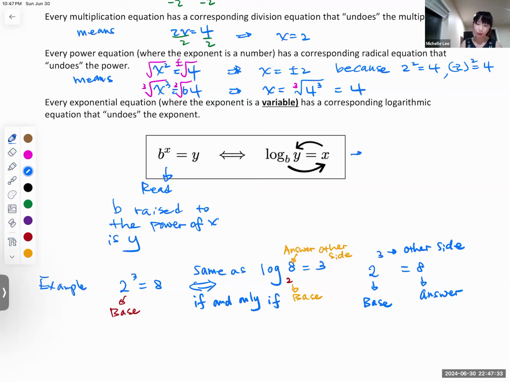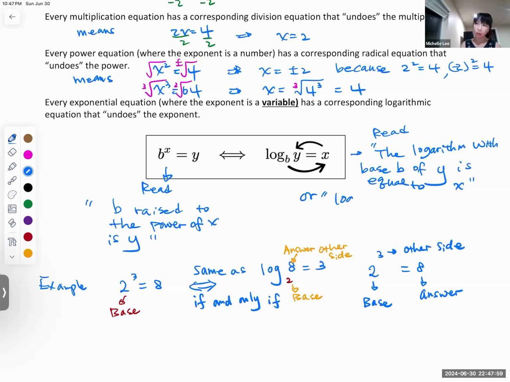Okay, how do you read the logarithm? The logarithm with base b of y is equal to x, or we can just read log base b of y is x. We'll read it this way, okay? All right.